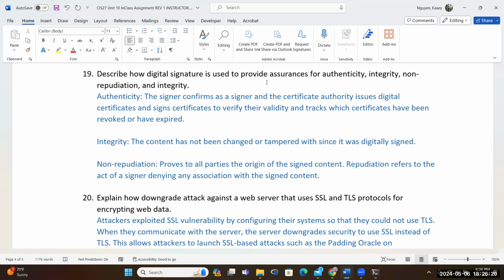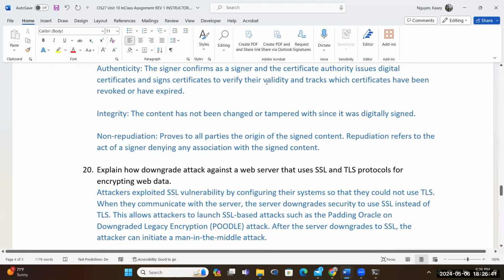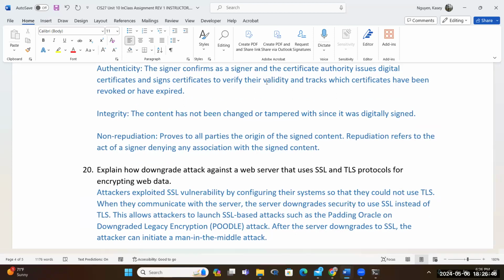If the organization is using SSL, Secure Socket Layer, it has vulnerability, and the attacker would exploit SSL by configuring their system so that they could not use TLS. When they connect with the server, it would downgrade the security, because TLS is higher in security compared to SSL, and SSL requires a certificate as well.